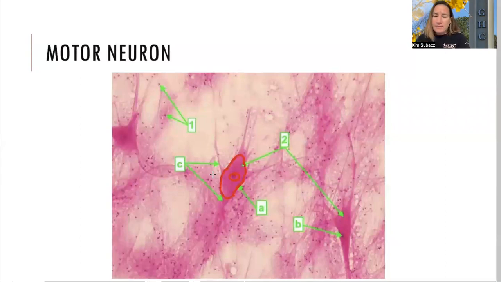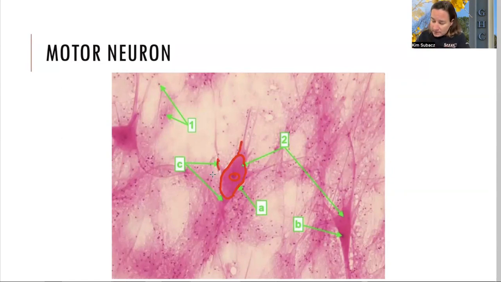We are going to have things that come off of that. But in this slide, it's really hard to determine what you are looking at. Are you looking at dendrites, or are you looking at axons? And you just can't tell. I cannot tell on this slide.